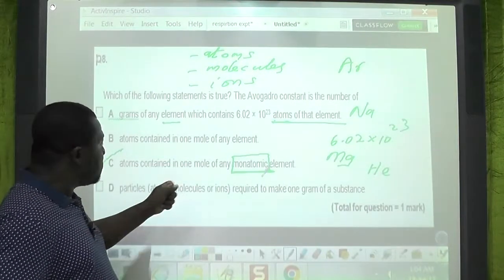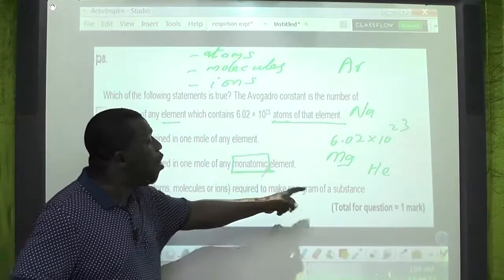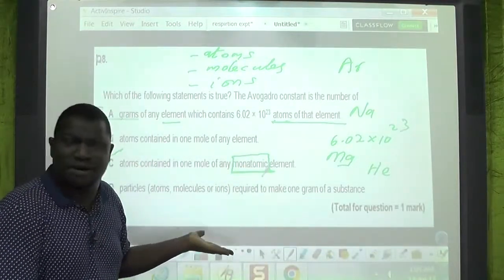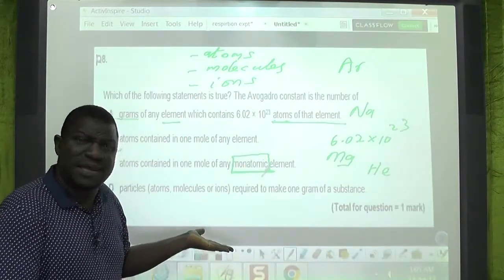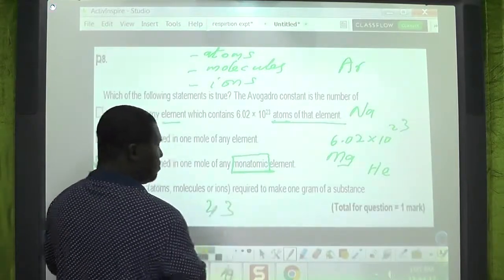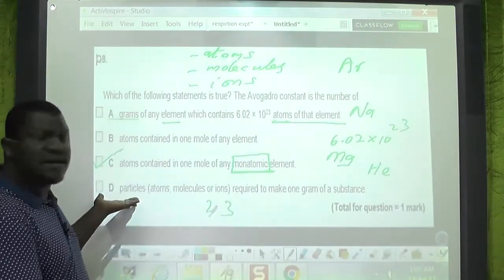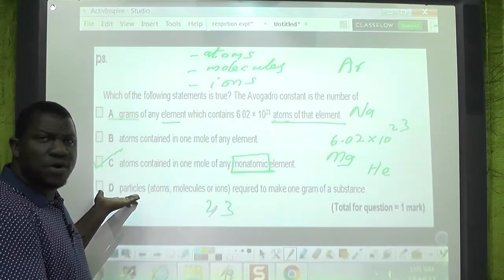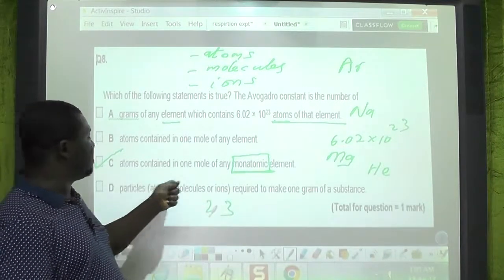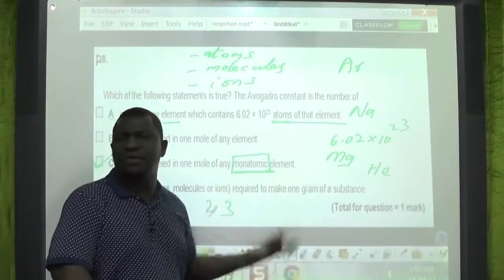Particles, atom, molecule, or ion required to make 1 gram. 1 gram? Come on. A mole of sodium is 23 grams. So you can't say particles required to make 1 gram. No, 1 gram is not correct.